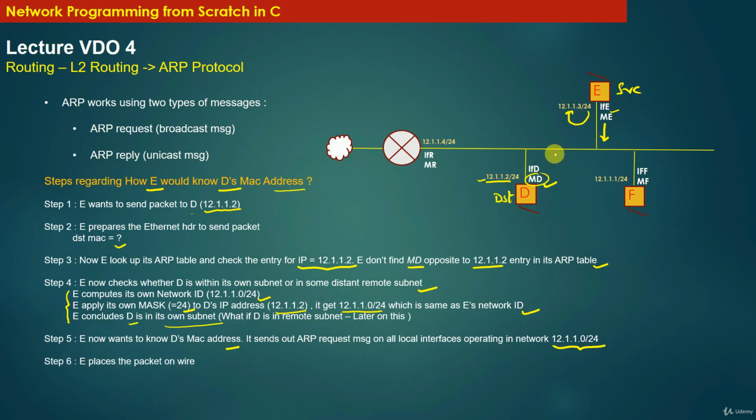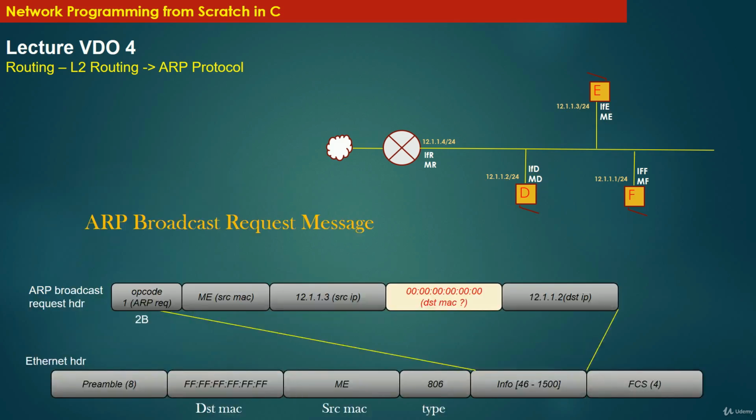So in step number 6, the host machine E places its frame on the wire. Now let us see in the next slide what the various values present in the ARP broadcast request message generated by the host machine E are. You can see that this is the ARP broadcast request message which is generated by the host machine E and placed on the wire in order to know the MAC address of the destination machine D. Again, the ARP broadcast request message, at the end of the day, is an Ethernet packet, and therefore it contains an Ethernet header.